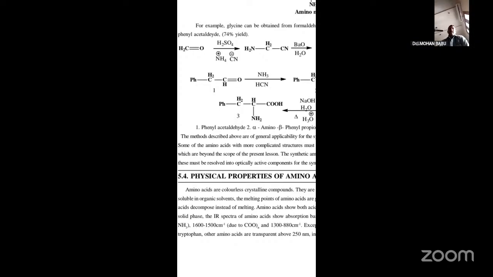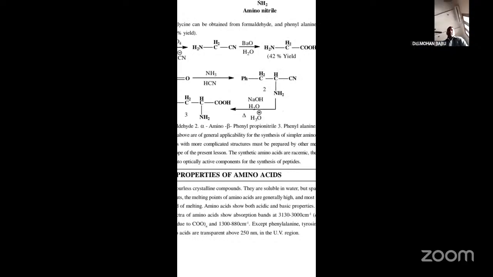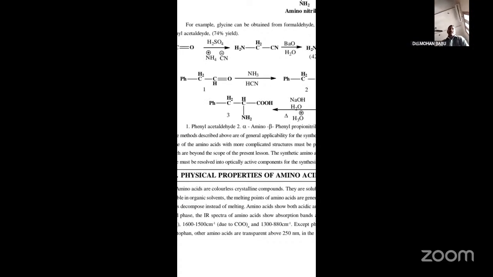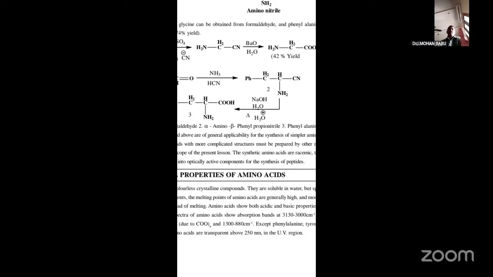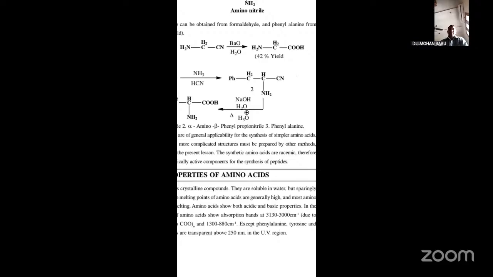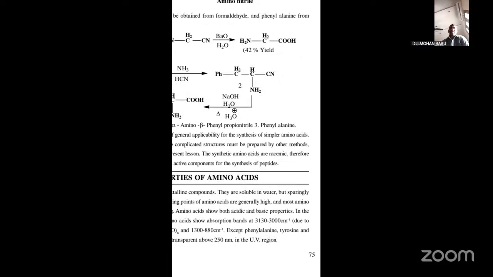And generally, in the UV spectra, you can identify these amino acids. By IR spectra, generally the absorption band is obtained because it has the amino group and the acid group.